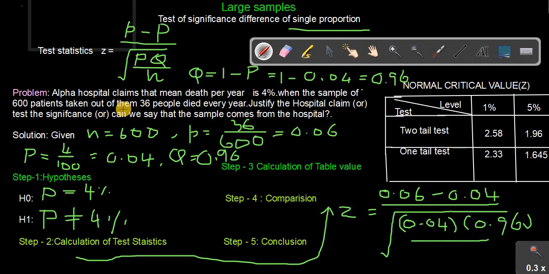What is n here? 600. So this is the test statistic for the significance of the difference of a single proportion. To find out the significant difference of a single proportion, this is the formula we have to calculate.